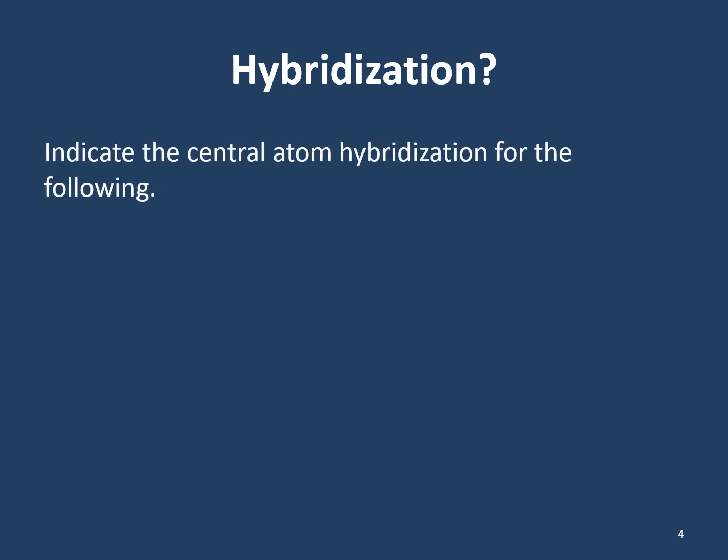Hybridization. One of the things you could be asked, in a simple multiple choice question, is what hybridization is present on this molecule? If we have XeF4, for instance, the way we do this is you need to figure out your electron group geometry around that central atom. In other words, draw the Lewis structure of XeF4. If we count up valence electrons, xenon has 8, and fluorine has 7 times 4. 7 times 4 gives me 28 plus 8, so that's 36 valence electrons.